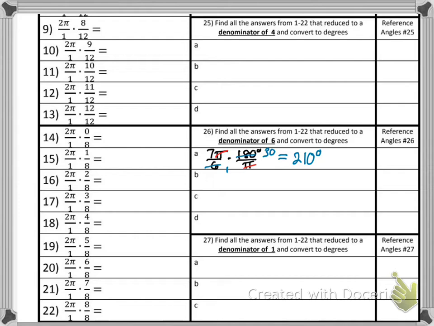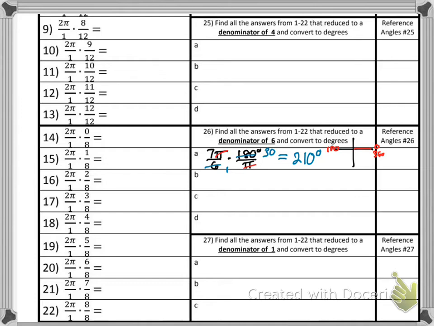If I think about the reference angle for 210 degrees, if this is 180 and this is 0 and 360, I'm going to say, is 210 closer to 0 or 180 or 360?